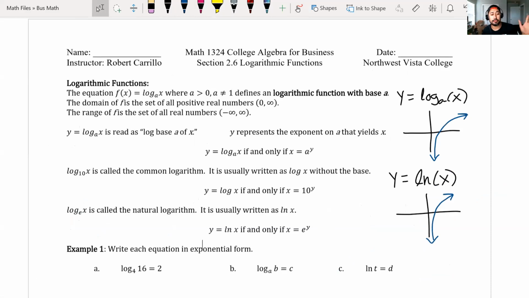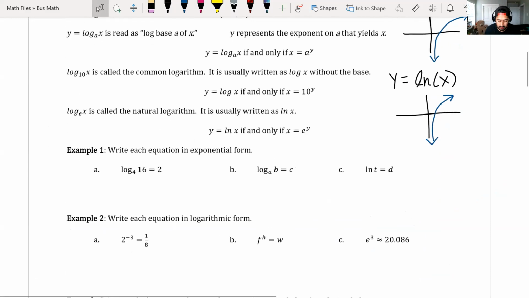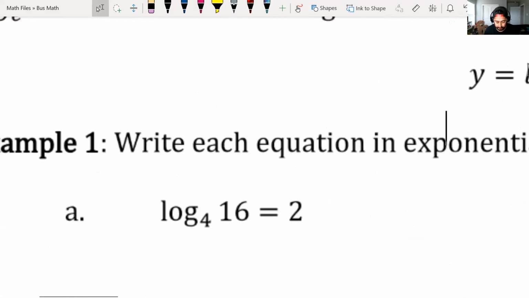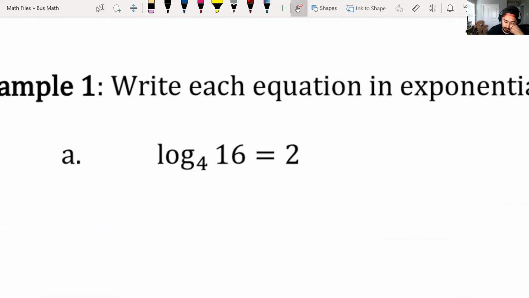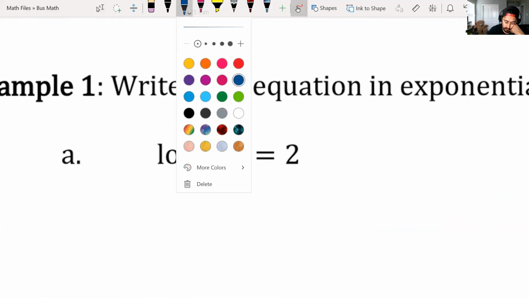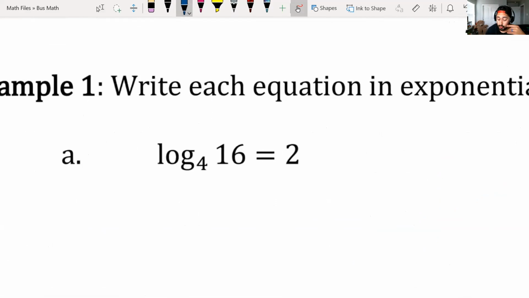Now let's play around with rewriting these equations. So write each equation in exponential form. So all we want to do is rearrange from log to exponential. That's it. So we take base of 4, raise it to the outside number of 2. I'll write that down.